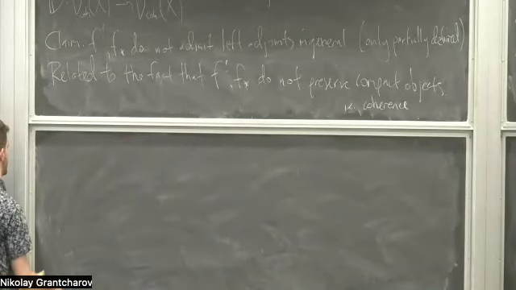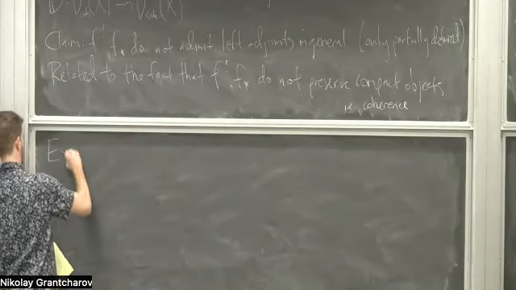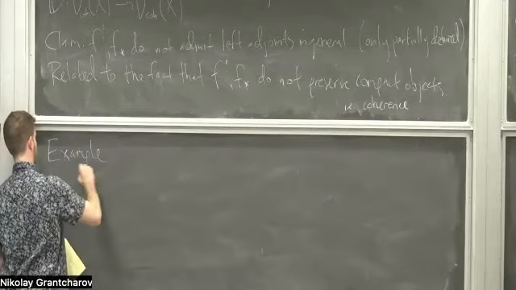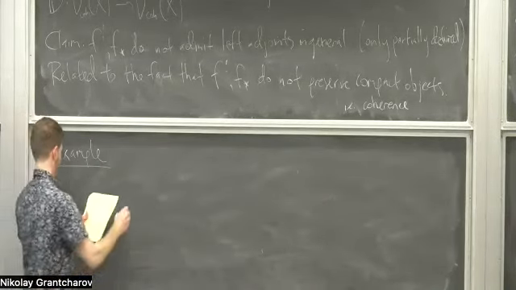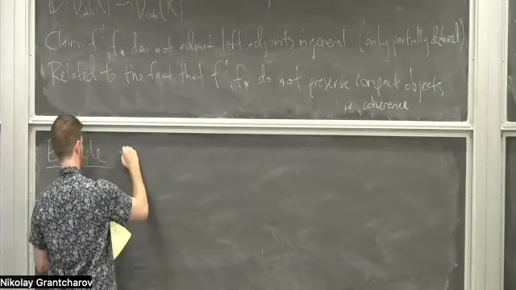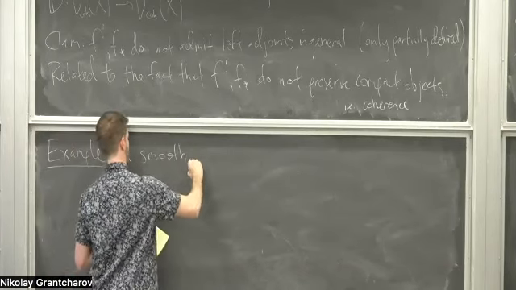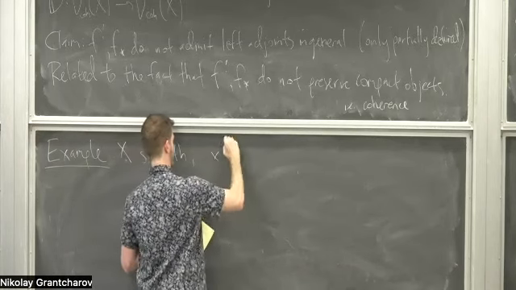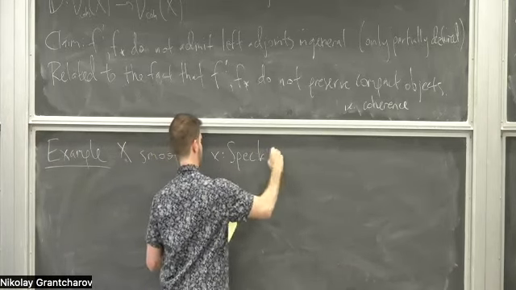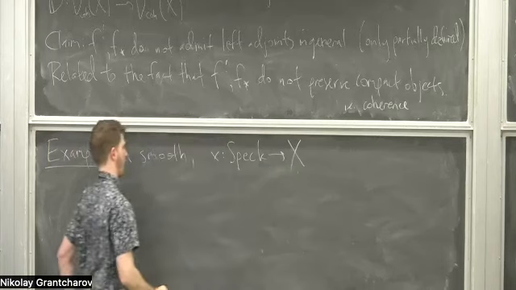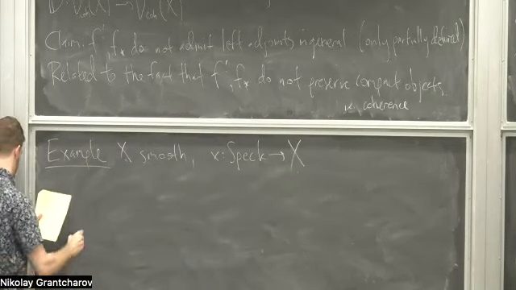So let me give two examples. Example one is, say, X is smooth for simplicity, and let lowercase x be a k-point.